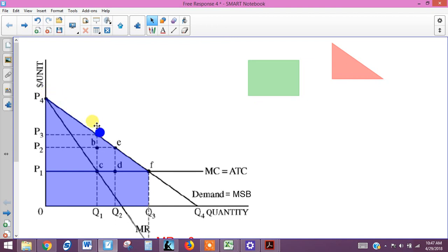If we go clockwise, it's going to be P4, F, Q3, 0. This is the total revenue that the firm would get if they were able to perfectly price discriminate.